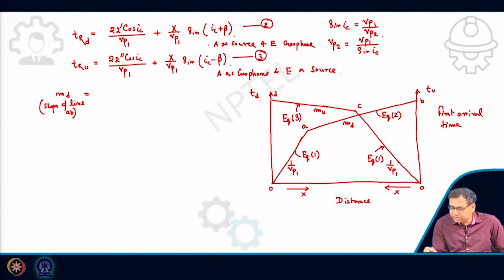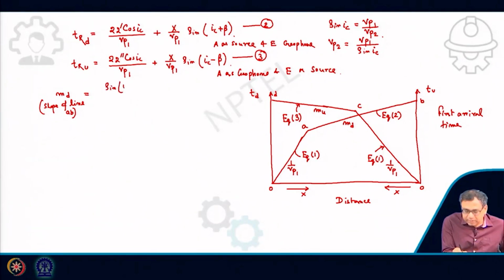So, MD will be what? From this, equation 2, MD is equation 2, the slope will be sin(IC plus beta) divided by Vp1, and mu is the slope of line CD, that will be equation 3, that will be sin(IC minus beta) divided by Vp1.